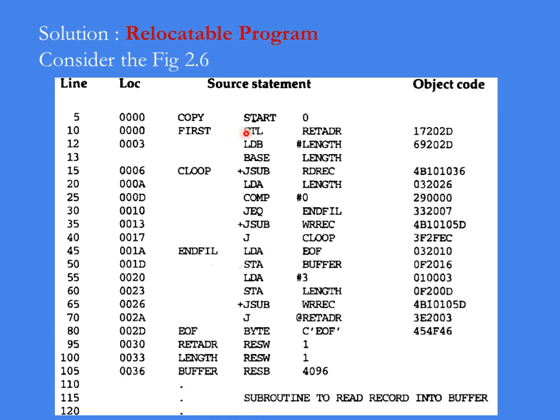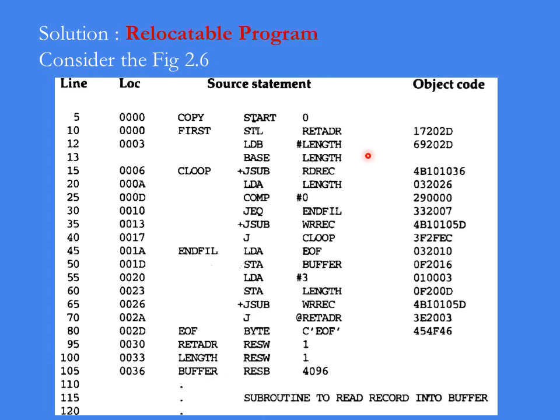So how is it achieved, or how can we say that there is no problem? Let me take this STL instruction itself. Here you can see that STL RETADR points to the location 0030. But if you look at the object code translation, this does not have 0030. Instead, it has some other value. So how does this object code get generated? If you recollect, in SIC/XE we have 4 formats of instruction.